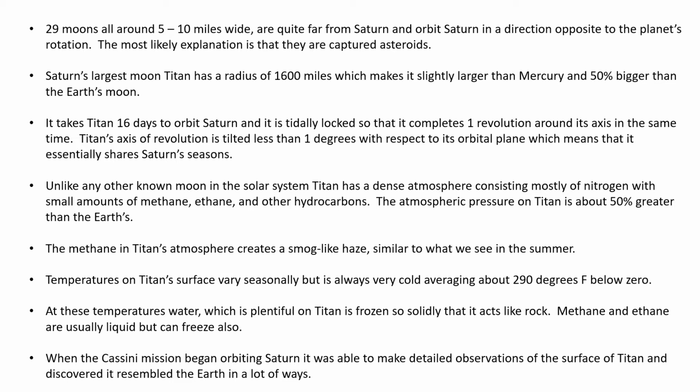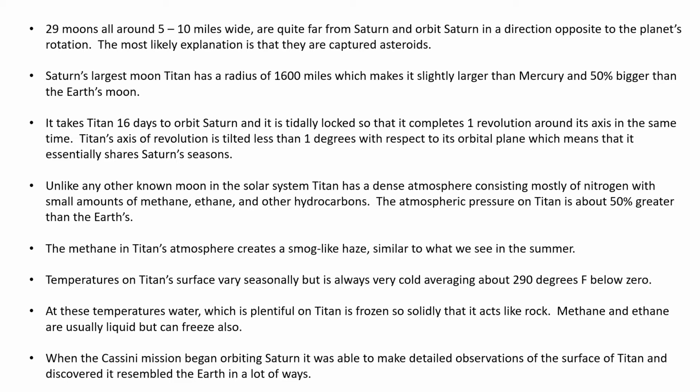Unlike any other known moon in the solar system, Titan has a dense atmosphere consisting mostly of nitrogen with small amounts of methane, ethane, and other hydrocarbons. The atmospheric pressure on Titan is about 50% greater than atmospheric pressure at the surface of the Earth.